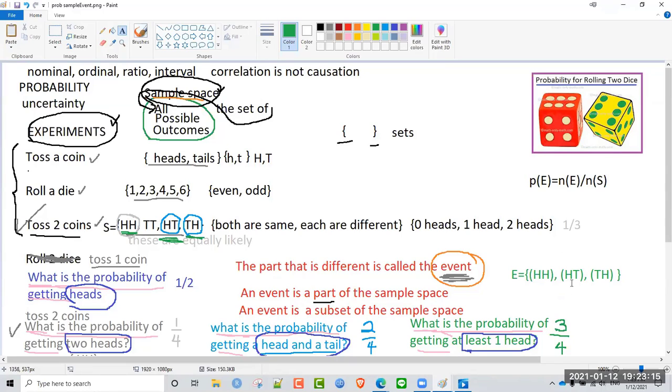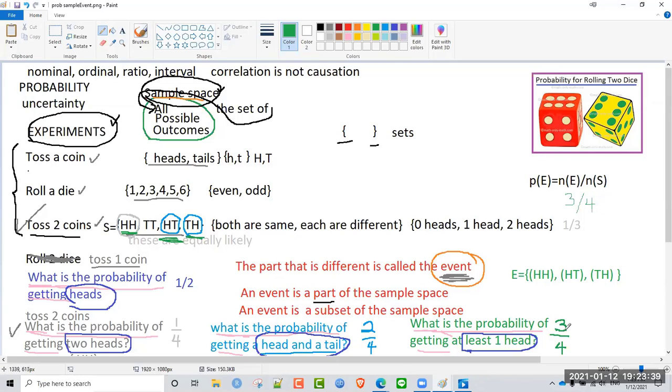So we need n of E. How many elements are there in E? 3. And how many elements are there in S? 4. So this formula works just as well here.